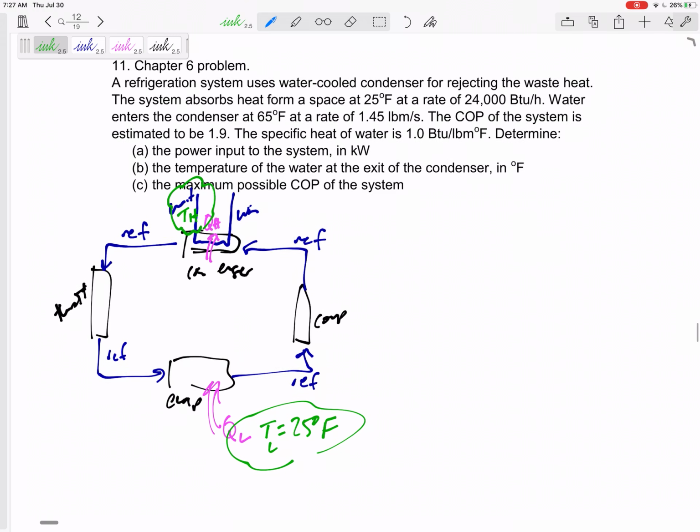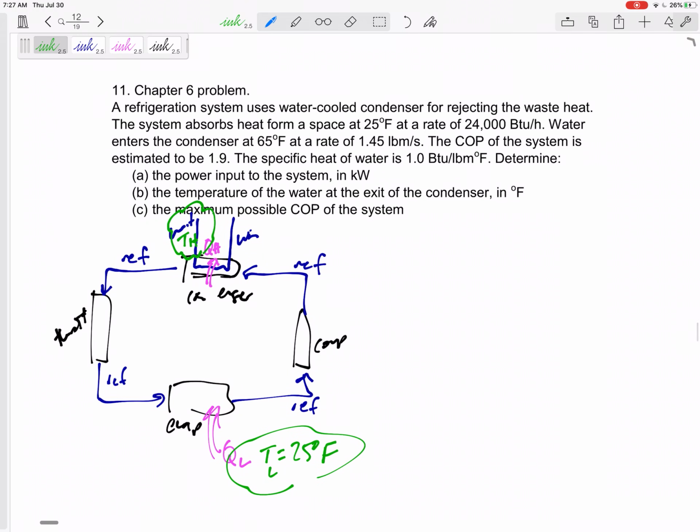Okay, so with that explanation, I think the hardest part for these problems is just figuring out, all right, this 25 degrees that it gave me, is that TH or TL? This 24,000, is that QH or QL? So let's decipher this.